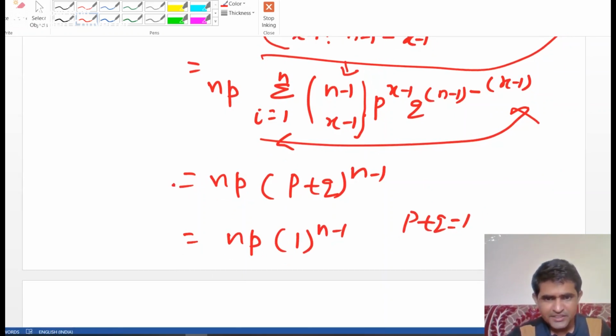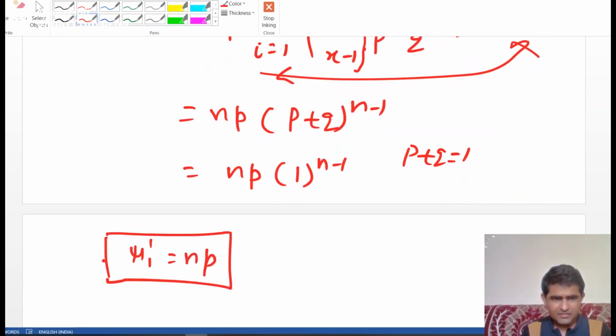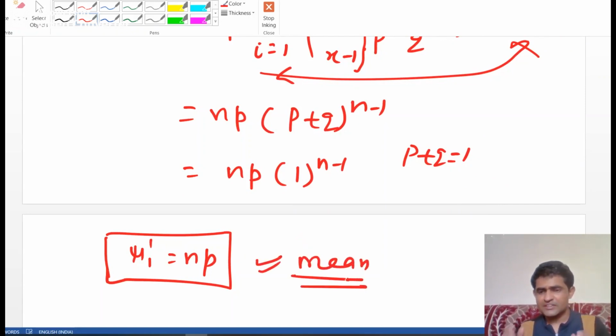Okay guys, you get mu1 dash is equal to np. np means the mean. The mean of the binomial distribution is n into p, number of trials times probability. This is the first expression. Tomorrow we will discuss mu2 dash, meaning variance, with the help of the binomial distribution.